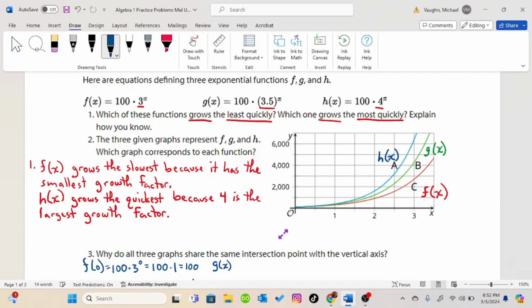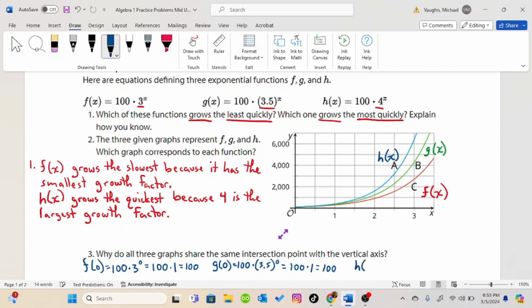G of x equals 100 times 3.5 to the power of 0. Again, anything to the power of 0 is 1, and anything times 1 is itself, so it also has a y-intercept of 100.